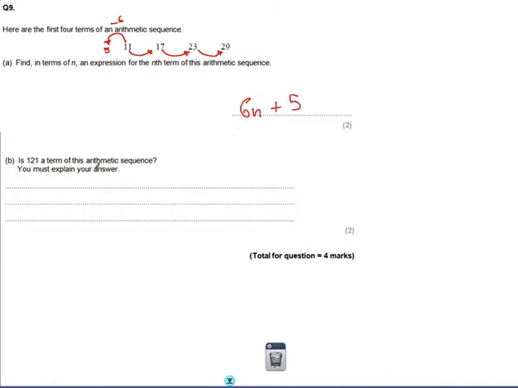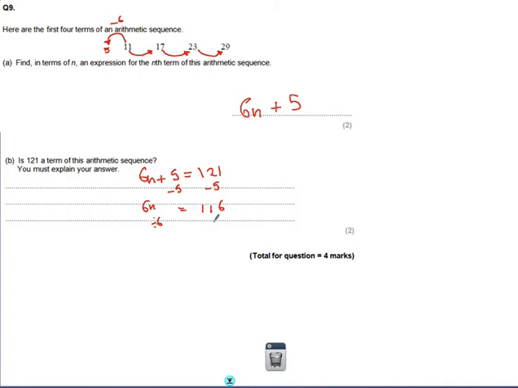Is 121 a term of this arithmetic sequence? Well, 6n plus 5 is equal to 121. Subtract 5, subtract 5. 6n is equal to 116.